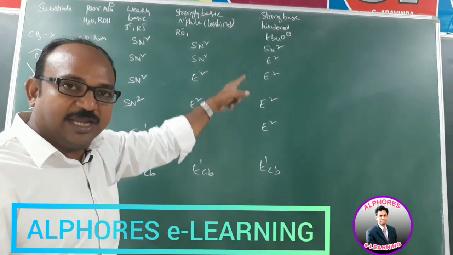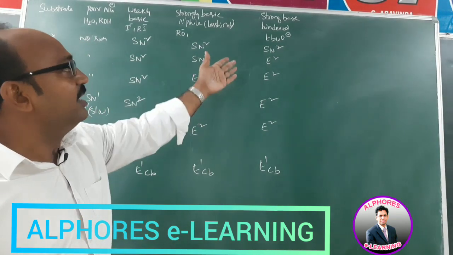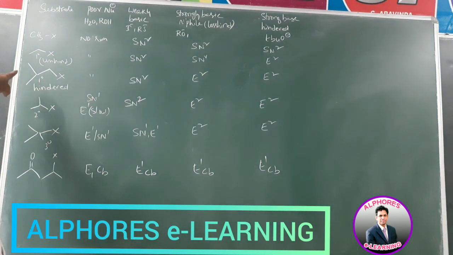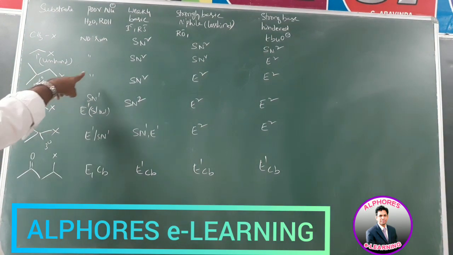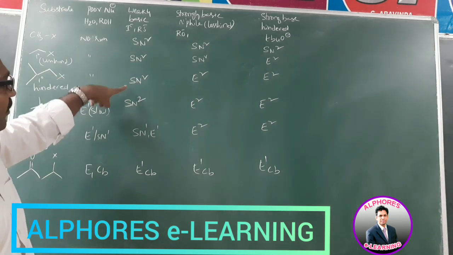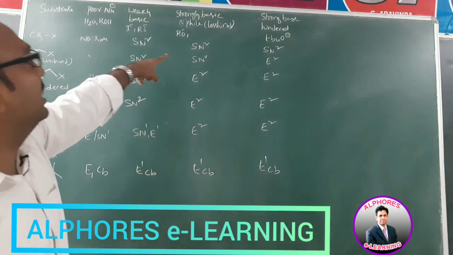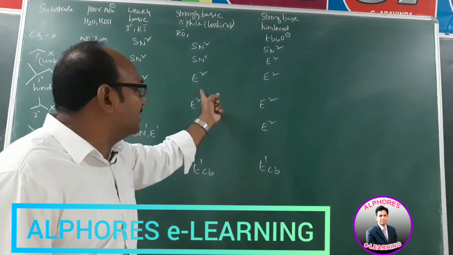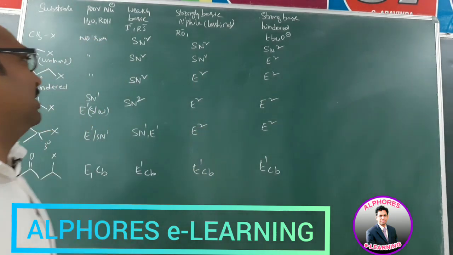Whereas in the case of hindrance, with increasing hindrance, obviously elimination leads. That's why E2 elimination. And with primary hindered ones, there is no reaction if the nucleophile is poor, SN2 with a weakly basic nucleophile, and with a strongly basic nucleophile, whether hindered or unhindered, in both cases you get E2 elimination.